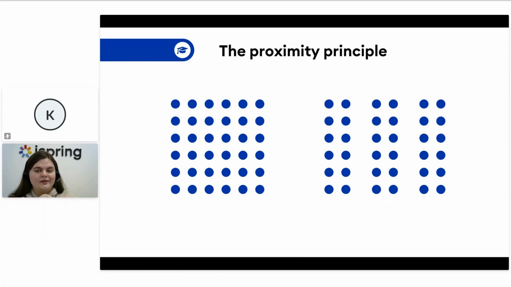If you take a look at the picture on the right, we can see three groups of objects, which are already formed because we have increased the distance between the objects. Consequently, the farther the objects are from each other, the less connection is between them. And vice versa. The closer the objects are to each other, the more connected they are by meaning.